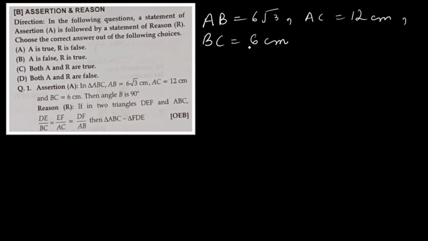In triangle ABC, AB is equal to 6 root 3, AC is equal to 12 centimeter, and BC is equal to 6 centimeter. If these three things are there in one triangle, then they are telling us angle B is 90 degrees.